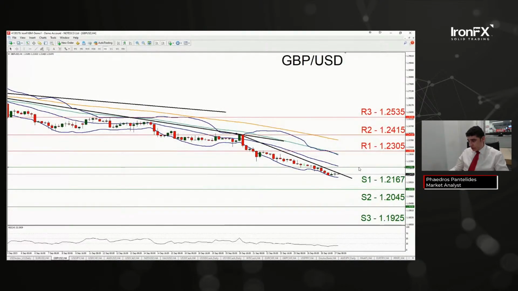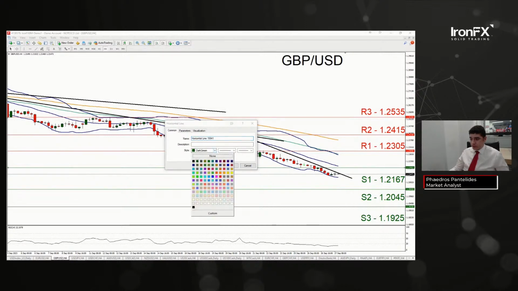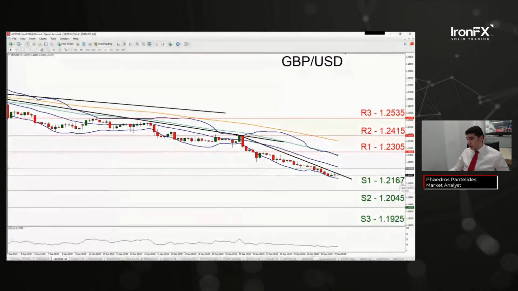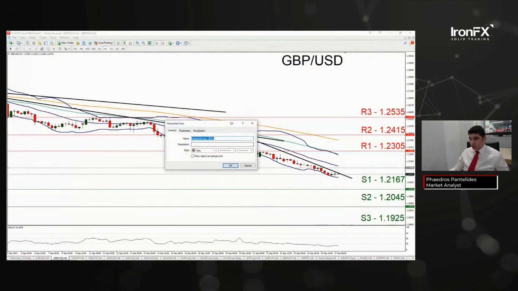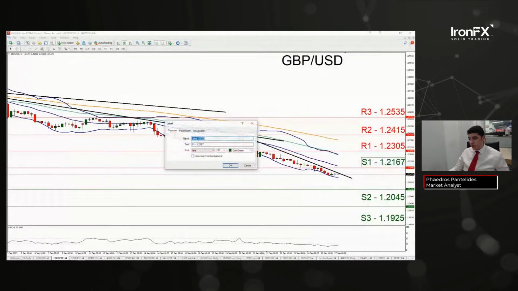Perhaps we could even bring R1 slightly higher, which is now R1, 1.2190. This could be potentially R1. We're going to be looking at a few stocks today. After we finish off with the FX pairs, I'll be placing emphasis on Ford, UBS, and Amazon for reasons I will be mentioning in just a moment.